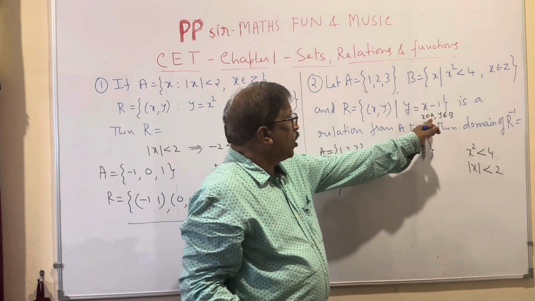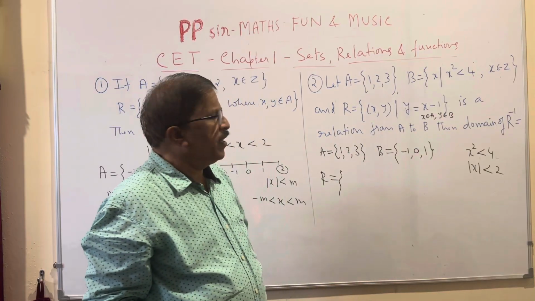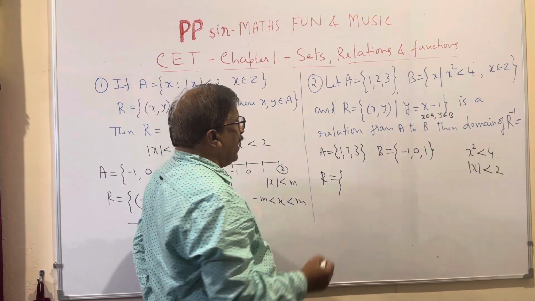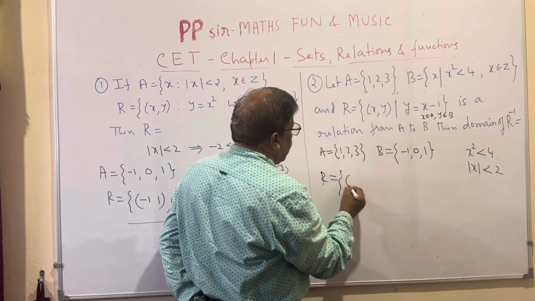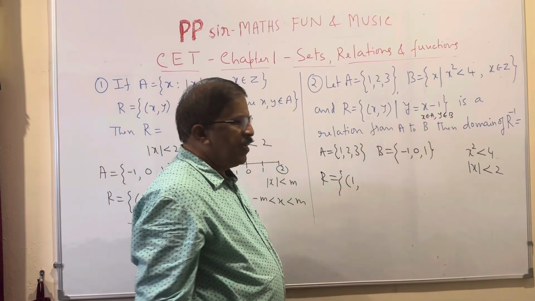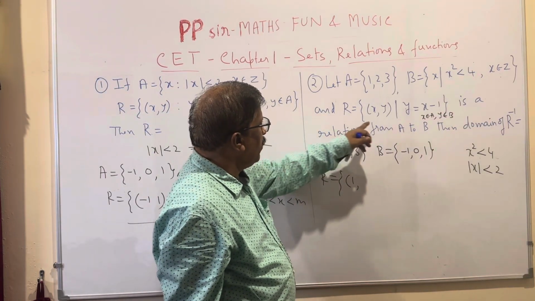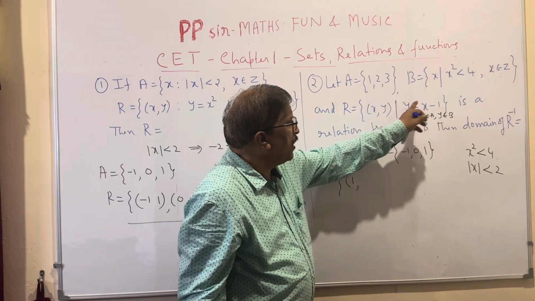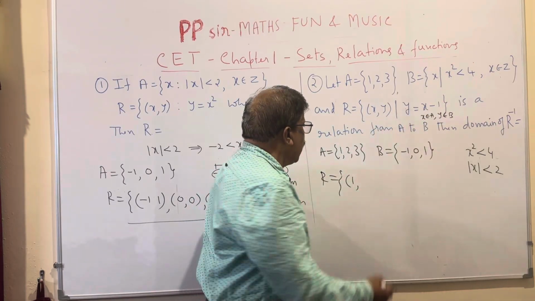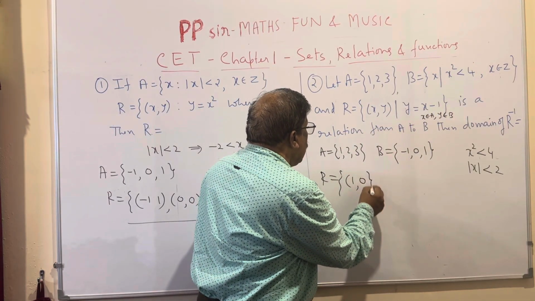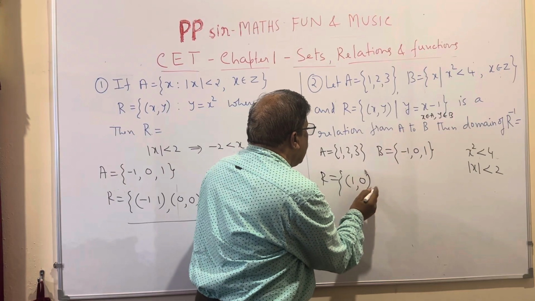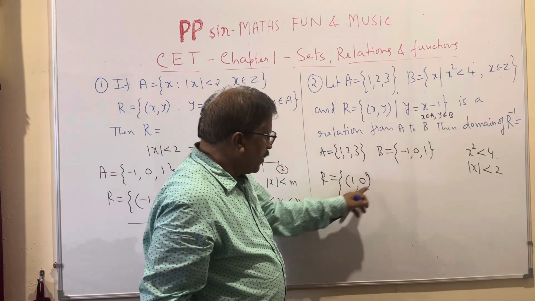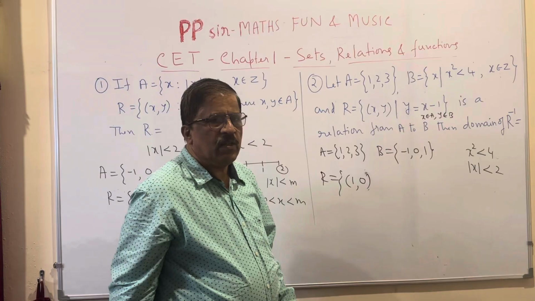Now if I take x is equal to 1, then y is equal to 1 minus 1, that is 0. Is 0 there? Okay, it is there.